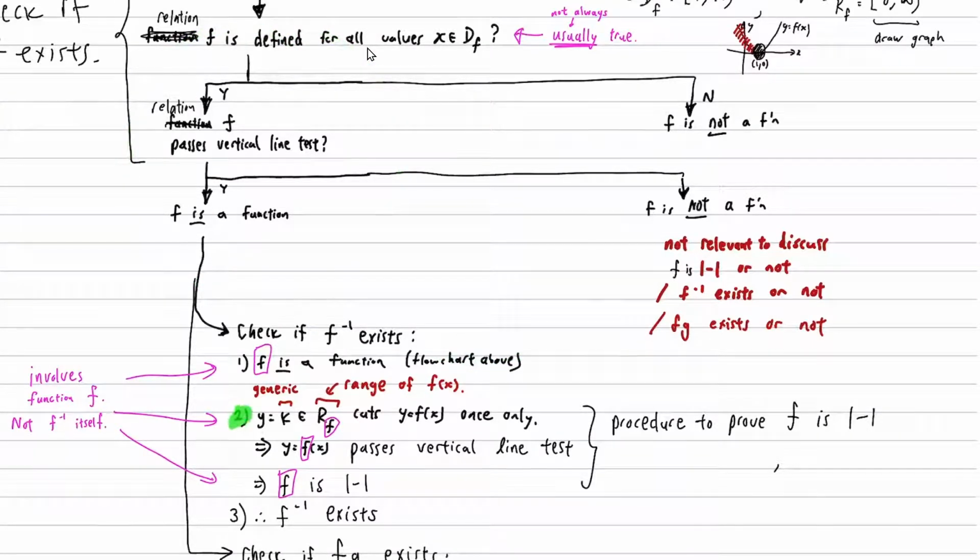Then the next one is to let y equals k, where k is a generic letter, not a specific example, an element of the range of f. And you say that it cuts y equals f of x once only. Then this implies that y equals f of x passes the horizontal line test.